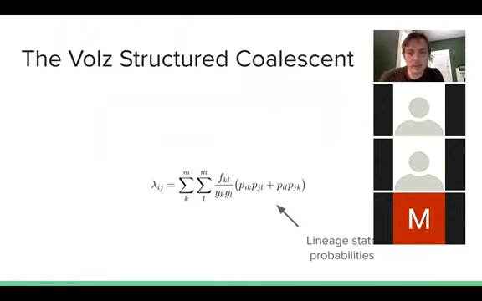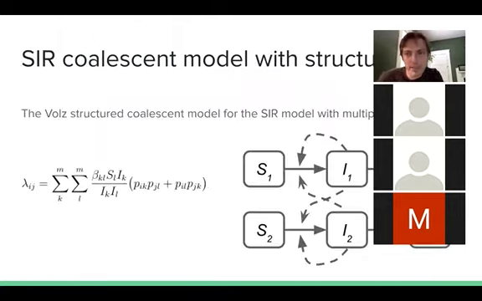So what does this actually look like for an SIR model where we have different infected populations and there can be transmission events both within and between populations? Well, we can plug in the appropriate expressions from our SIR model into our coalescent rate.